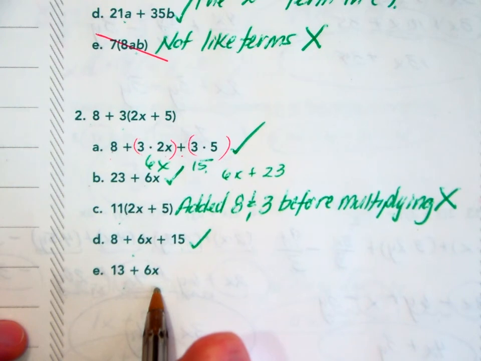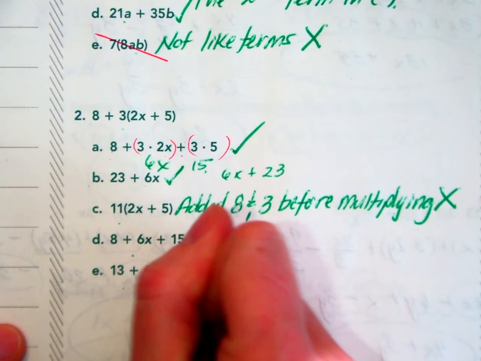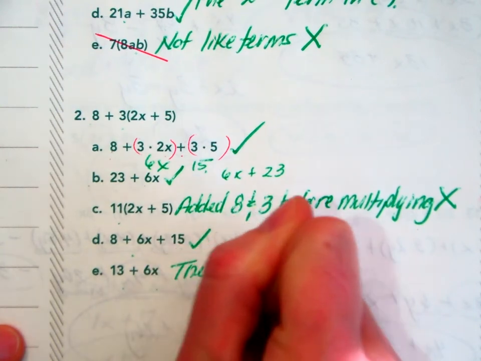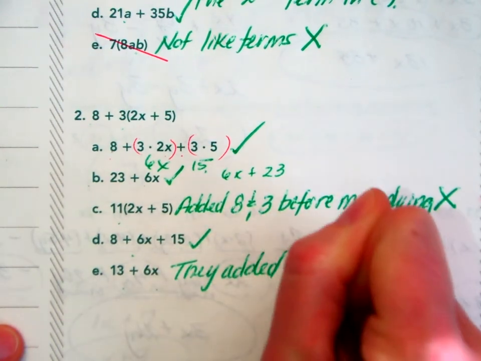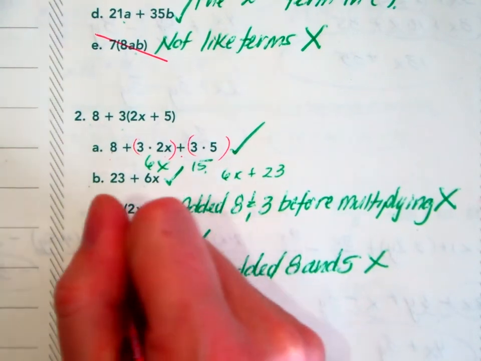They tried to add 8 and 5. Which basically means they didn't distribute the 3 to the 5 to get the 15 they needed. So that doesn't work either. So the ones that are wrong there are 2C and 2E.